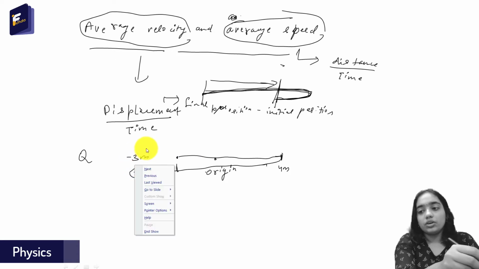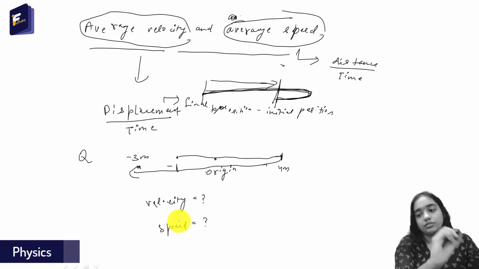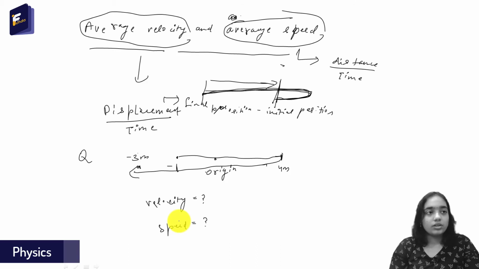So you have to tell me what is the velocity and what is the speed of the particle, or the average of them. You may pause the video and think, and then see the solution.